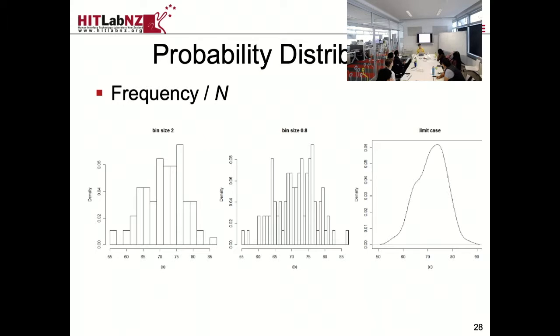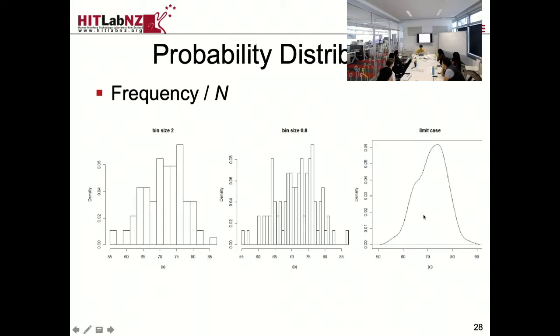So we could represent the distribution with this shape as well. I think this is a histogram, right? And we could represent this histogram with this line. And sometimes, if we want to represent more detail, we can reduce its bin size.